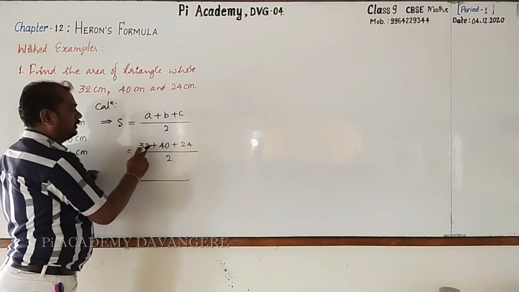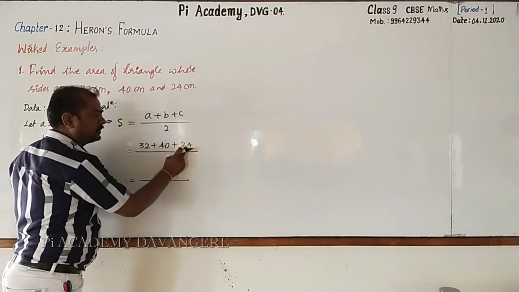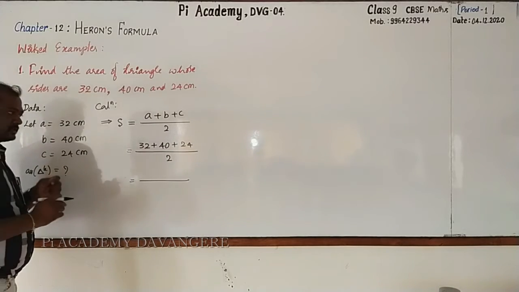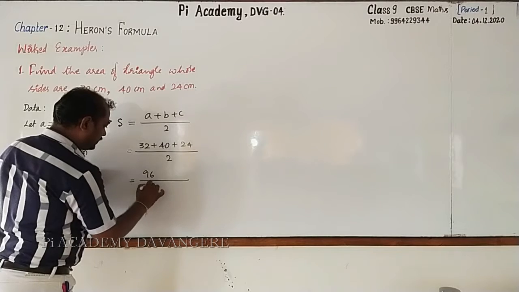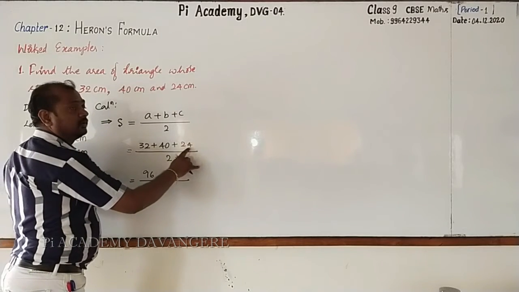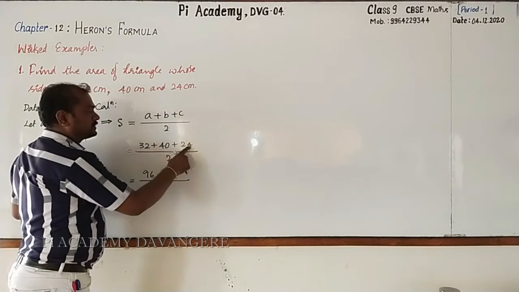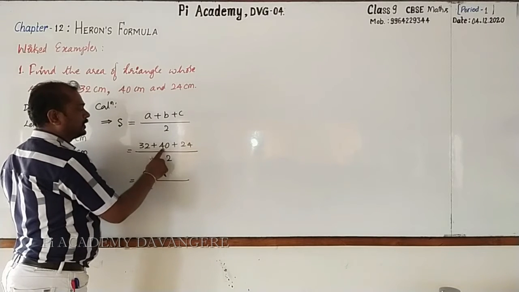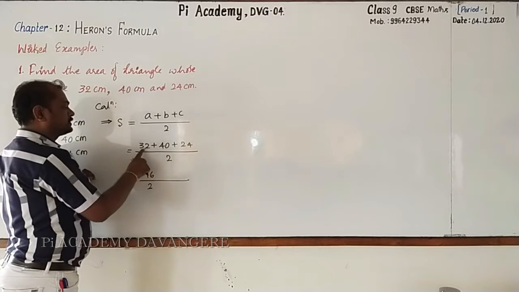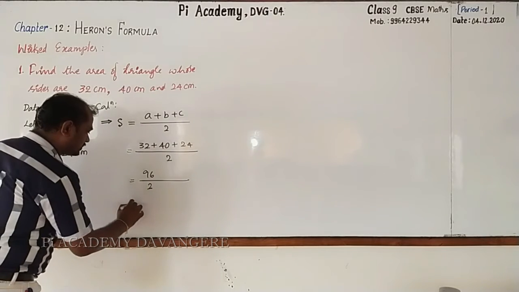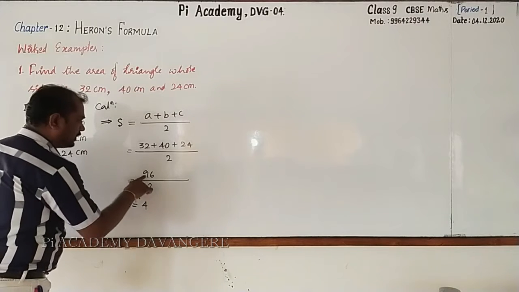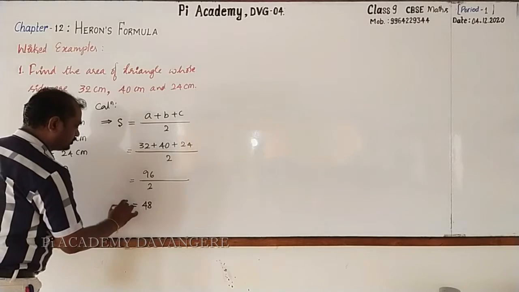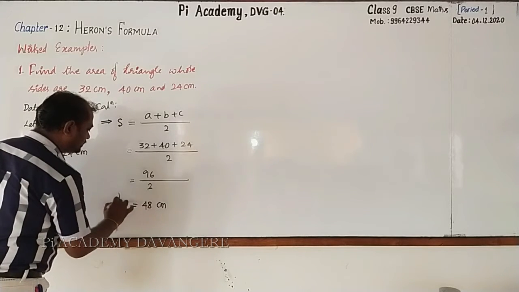See that 40 plus 30, 70, 70 plus 20, 90, 90 plus 4, 94, 94 plus 2, 96 divided by 2. Or else you can go for adding with the digits. 4 plus 0, 4, 4 plus 2, 6. Then 2 plus 4, 6, 6 plus 3, 9. Again 96. This is equal to, here 2 4s are 8, 1 will remain, it becomes 16, 2 8s are 16. So S equal to 48 centimeter.